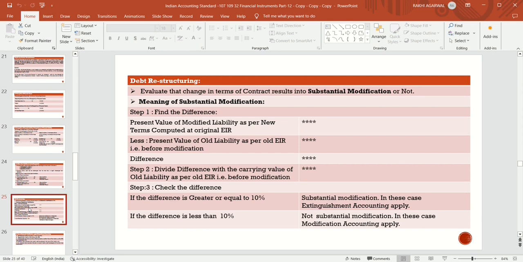Firstly, we will check what we mean by substantial modification.